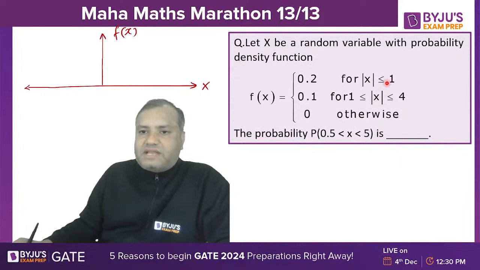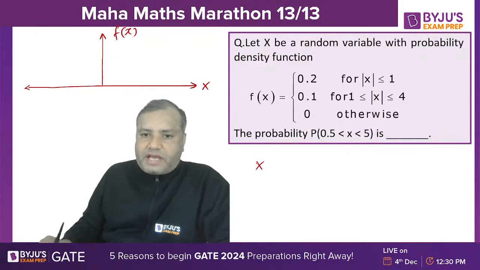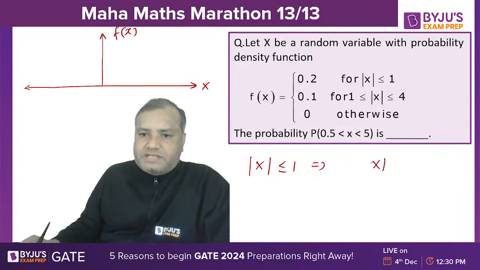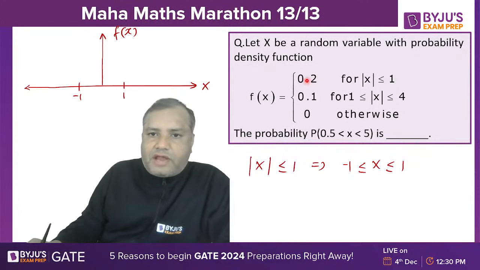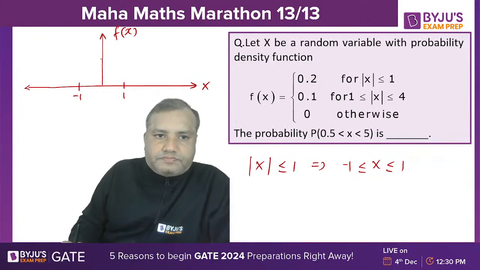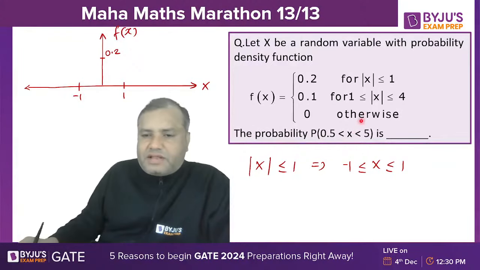Now, mod x less than or equal to 1 means what? It means x is lying between -1 to +1. So in the interval -1 to +1, we have got the value 0.2. Another is mod x lying between 1 to 4.